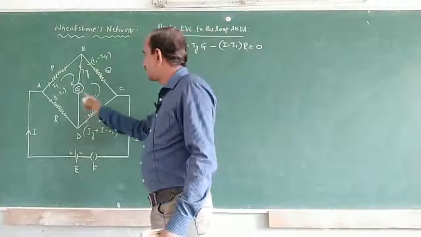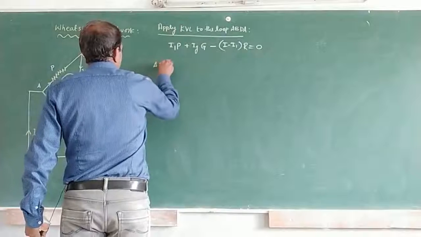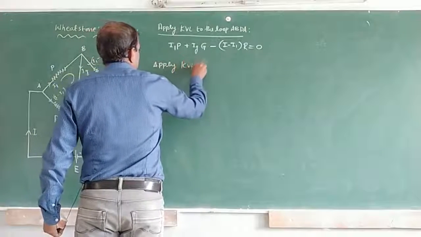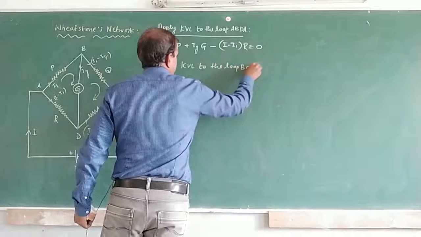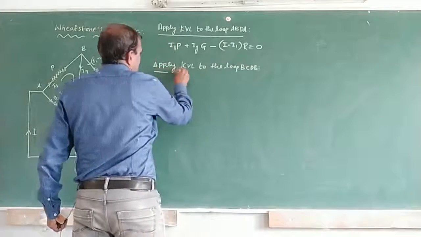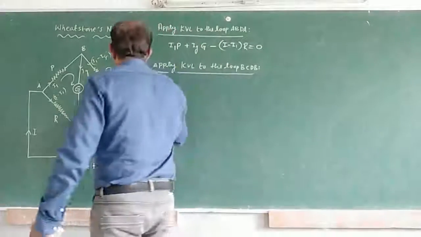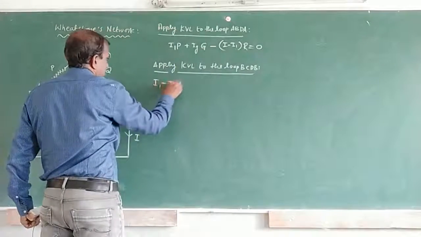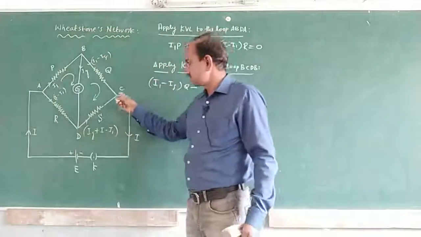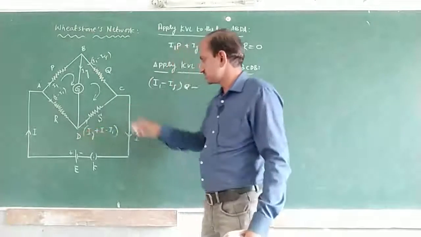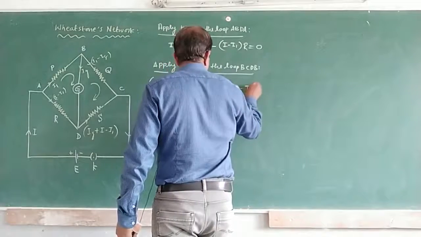Now apply KVL to the loop B, C, D, B. Move from B to C, the IR product is (I1 minus IG) into Q. Then traveling from C to D, the current flows from D to C, so it is negative: minus S into (I minus I1 plus IG).